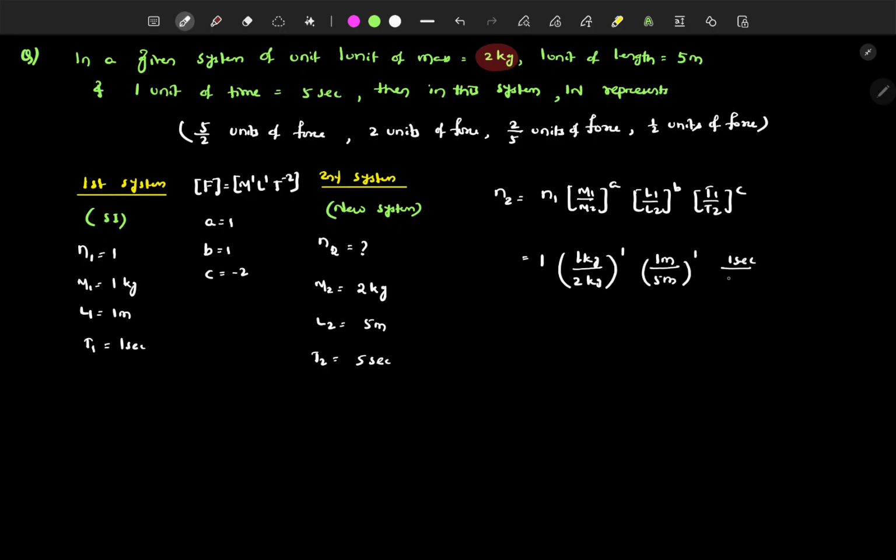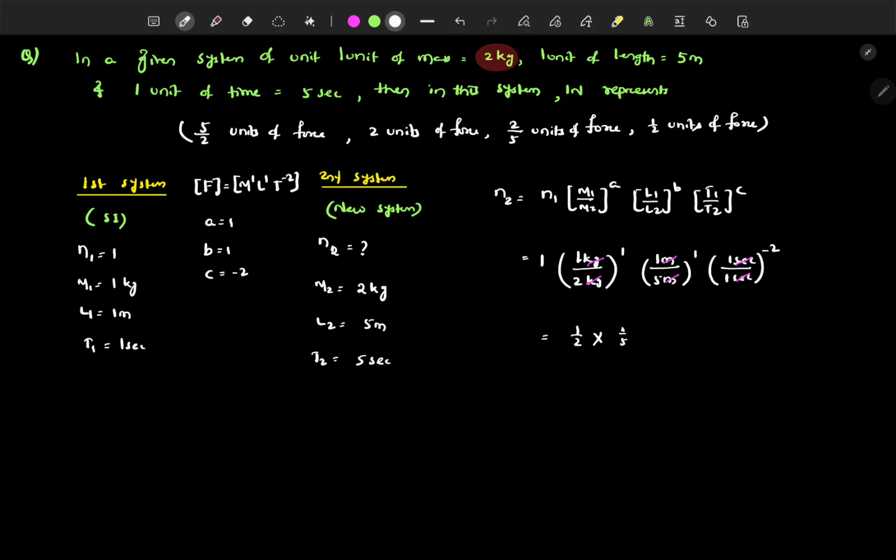Next, 1 second divided by 1 second, the power is minus 2. The same units cancel in these terms. Then the answer will be 1/2 to the power 1, that is 1/2, into 1/5 to the power 1, that is 1/5.